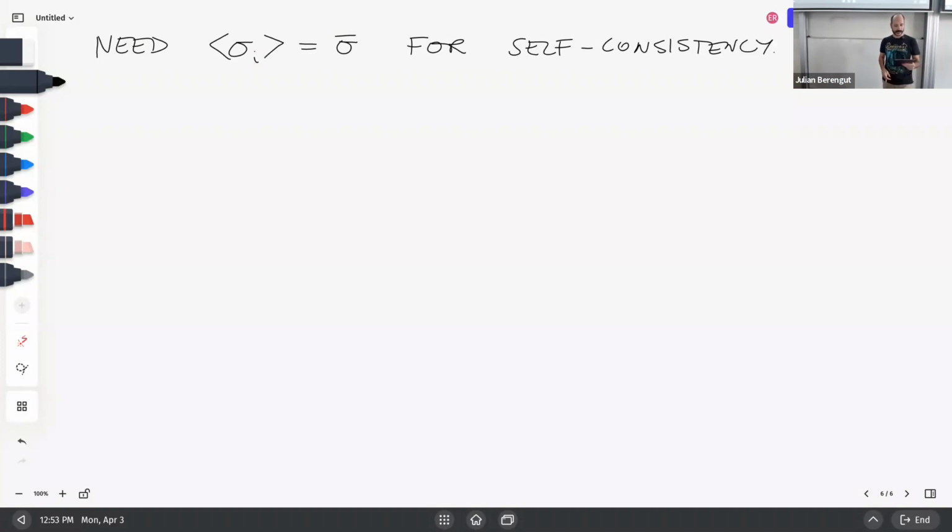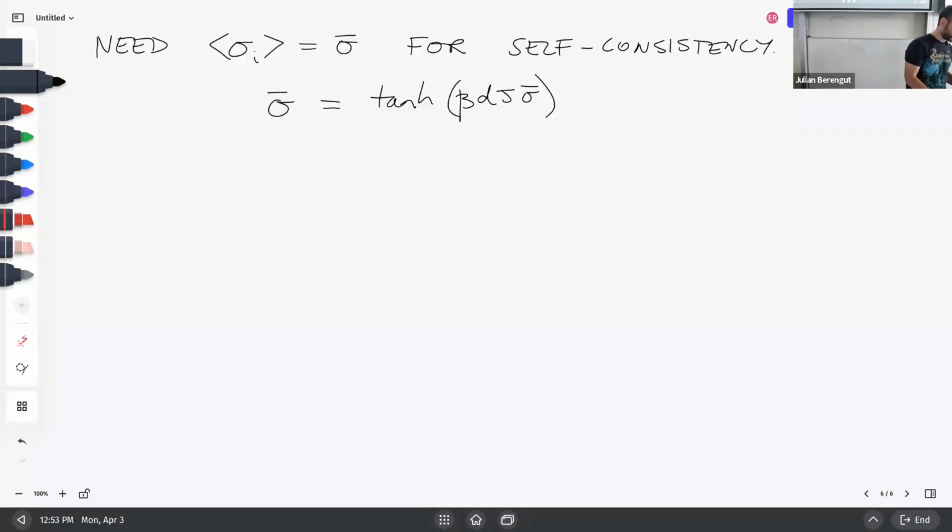That's the requirement for self-consistency. So I can say then that the average value is equal to tanh of beta DJ sigma bar. That's a transcendental equation which does not have an exact simple solution, but I can graph it very easily.